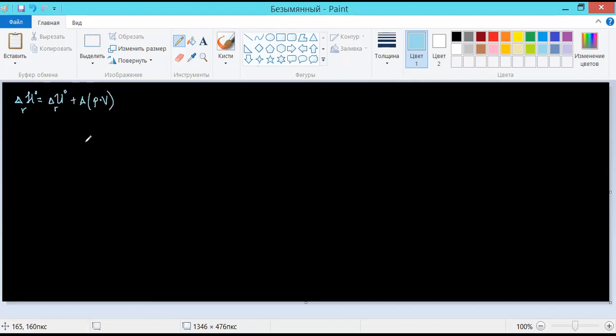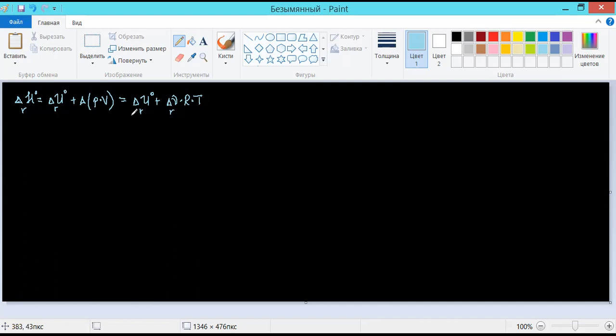Yes, we remember that. Or that means delta nu of the reaction times R times T. In other words, we should calculate the difference between the sum of the coefficients of the products, and we should subtract it from the sum of the coefficients of the reagents. If we take a look at the reaction, we will see that delta nu with index R equals -1.